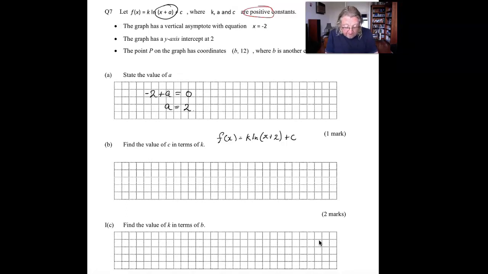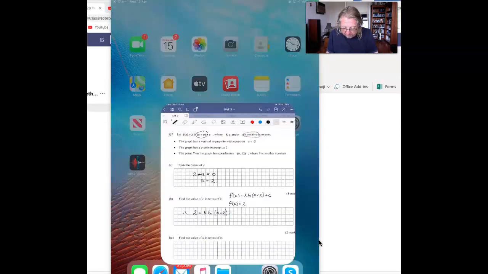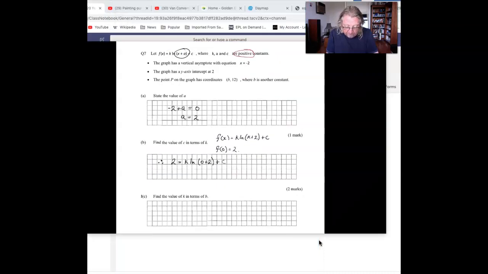And we also know that f(0) is equal to 2. So therefore we can set up this equation that 2 must be equal to k log(0 + 2) + c.